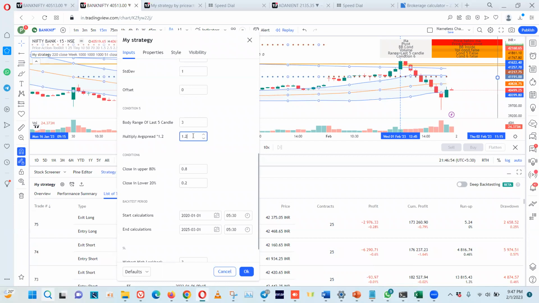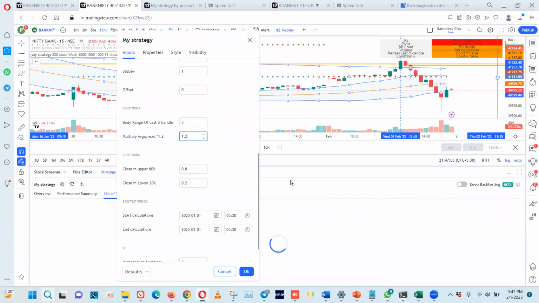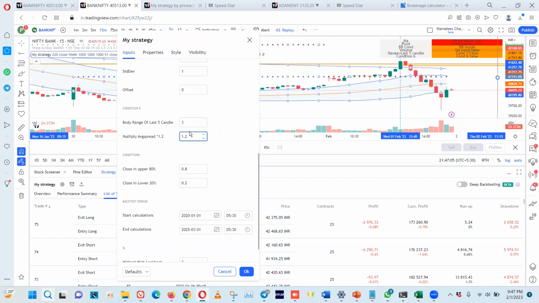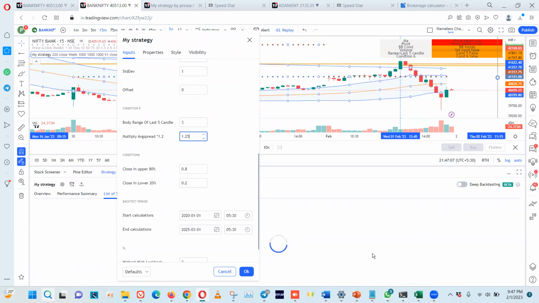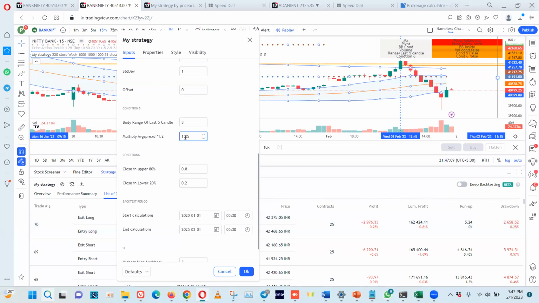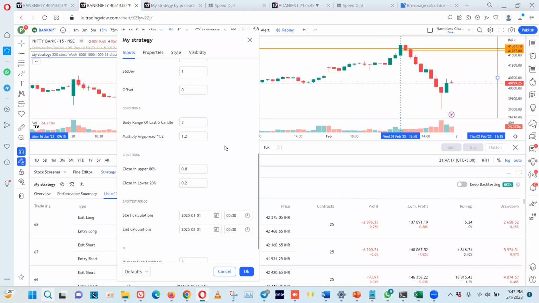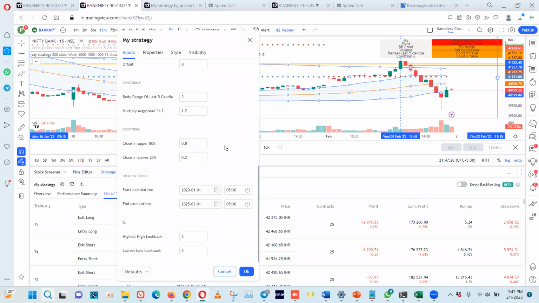Then multiply spread. Here we can add different things. If we do it 1.2, it gives 173. For 1.25, the profit decreases. 1.3, it decreases further. You can change these numbers and find out what is best suitable combination.